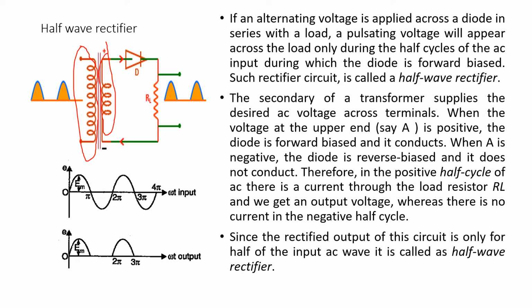Therefore, in the positive half cycle of AC, there is a current through the load resistor RL and we get an output voltage, whereas there is no current in the negative half cycle. Since the rectified output of this circuit is only for half of the input AC wave, it is called a half-wave rectifier, because current flow is there only during the half cycle.